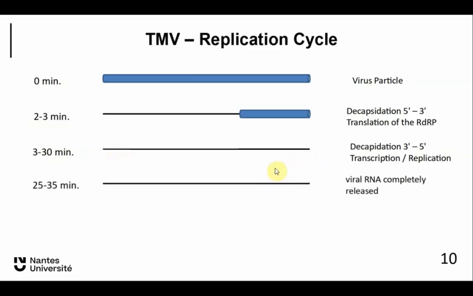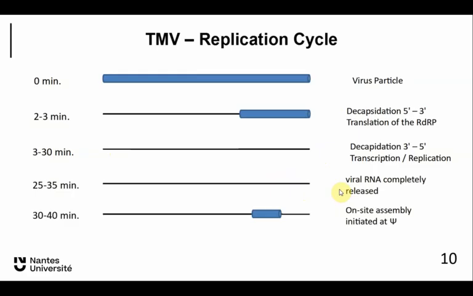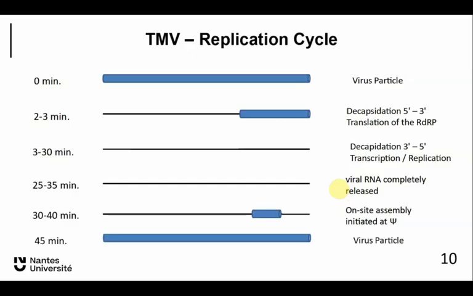So then you get full decapsidation and replication of the virus RNA, and when the capsid protein is present at sufficiently high concentration, these copies of genomic RNA will start to be encapsulated with the formation of the helical nucleocapsid at the packaging site, the Psi sequence. Okay, so it goes through these cycles and you get new virus particles formed.